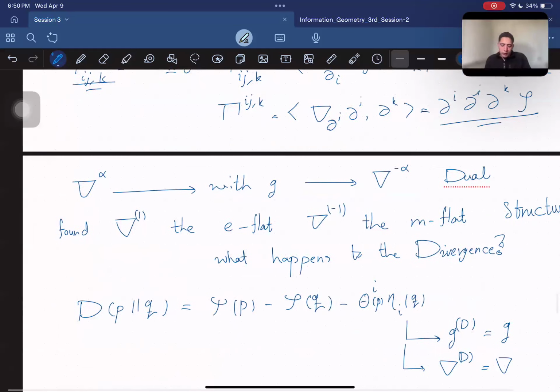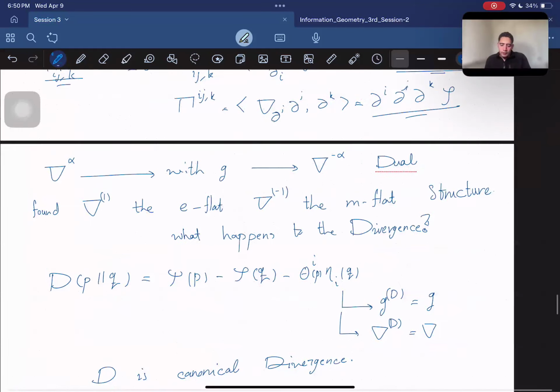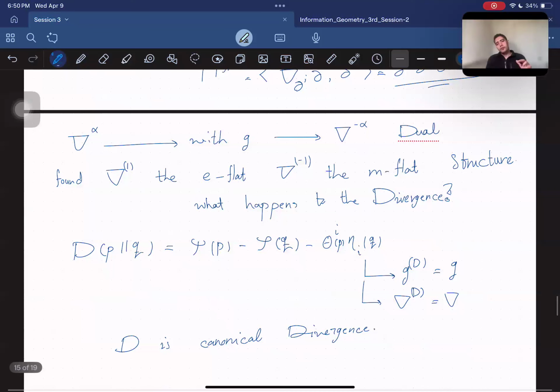Now I want to find a way to go around this circle. So we had a divergence. We could define the metric and connection. Now I want to make a process that from a Riemannian metric and a connection, I can create a divergence.